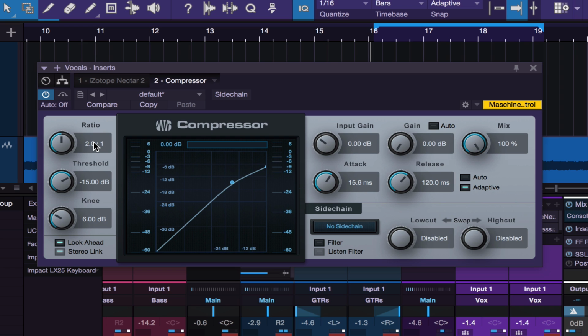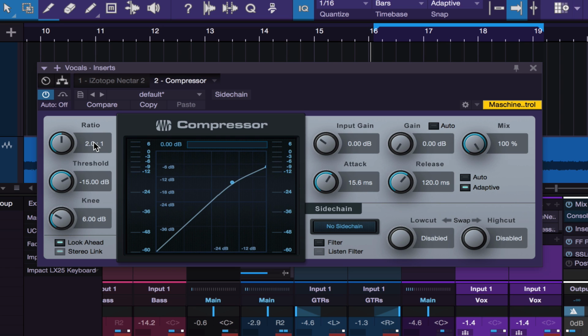So most compressors are going to compress at 2-to-1, 3-to-1, 4-to-1, all the way up to 6-to-1, 8-to-1. As soon as you go past 10-to-1 in the ratio department, you're technically limiting at that point. And I'm going to explain ratio more in the limiting lesson, so check that one out when it gets thrown up. But just understand that compression and limiting are the same exact thing, except for the ratio, and that plays a bigger part.